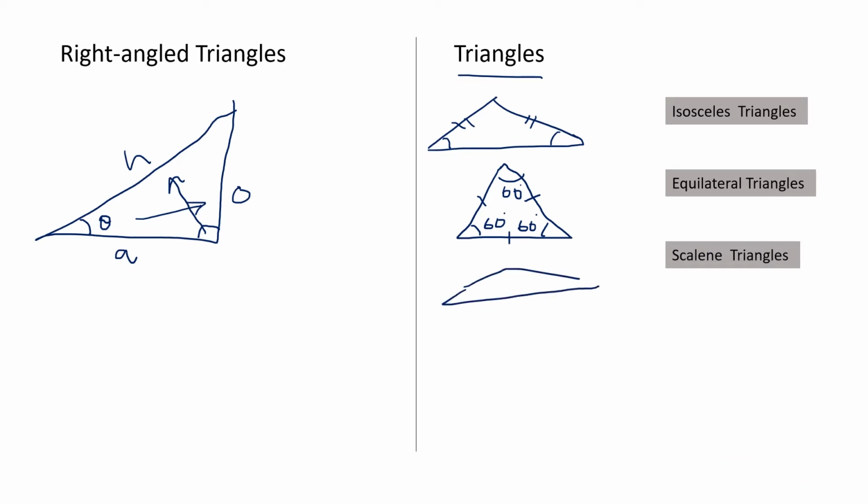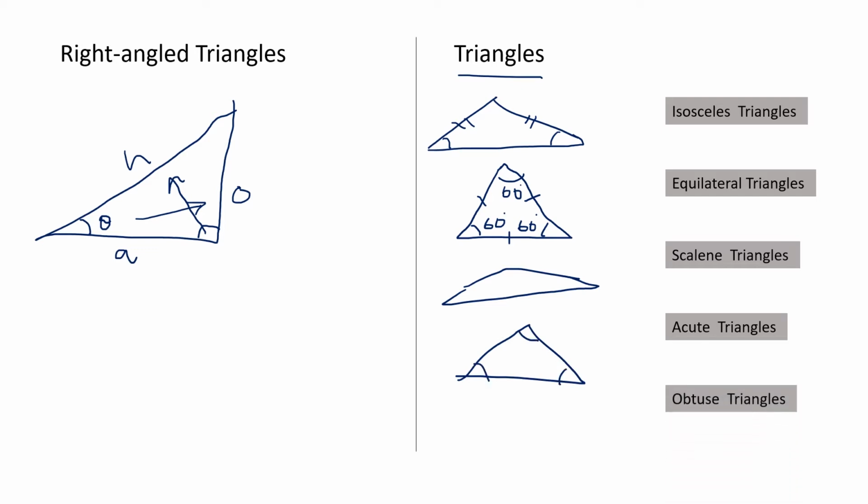It's not necessary that any of the sides must be equal to any other one. Acute triangle, where all the angles must be less than 90 degrees. The last one is obtuse, where one angle is bigger than 90 degrees.